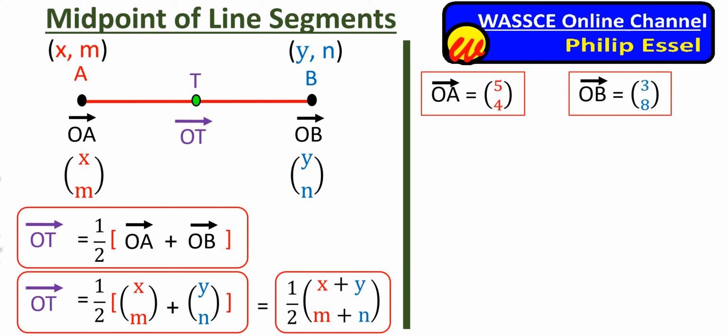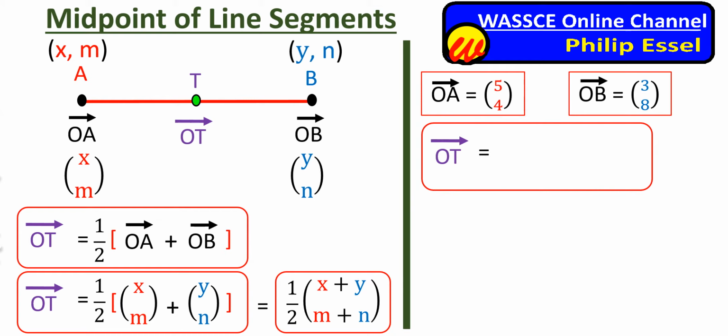Now let's assume that the vectors OA and OB are, for OA (5, 4), and for OB (3, 8). Then for us to find the vector OT, all we need to do is to substitute the vectors (5, 4) and (3, 8) into the formula we just created.